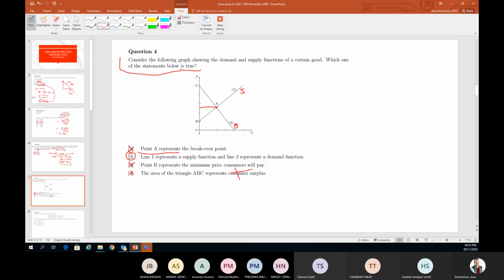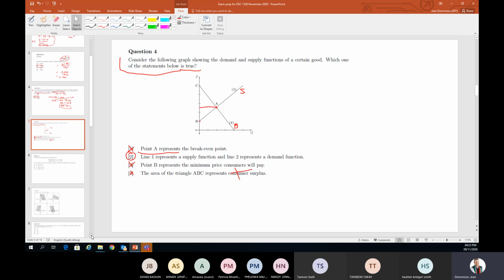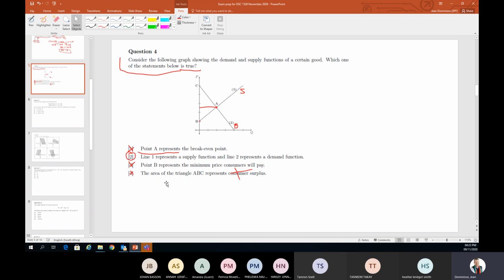Okay. Demand and supply. I've seen this numerous times in exams, so this is probably going to be in your exam this time around as well.